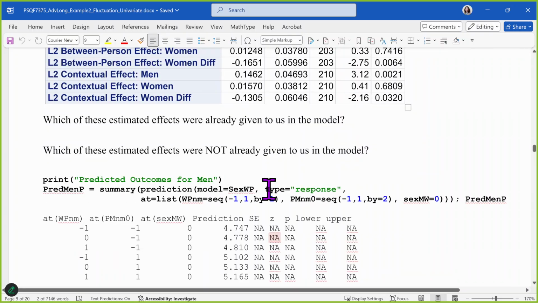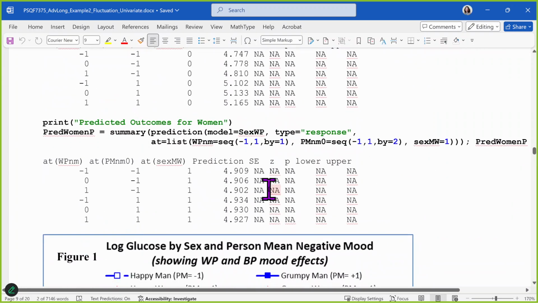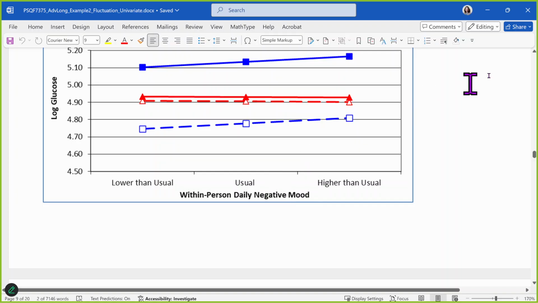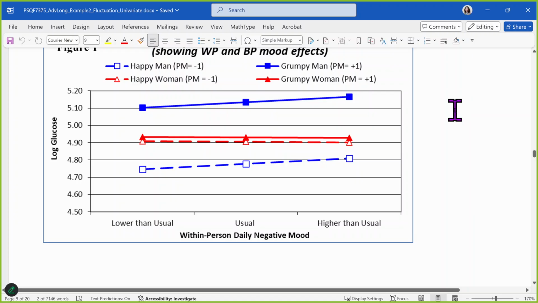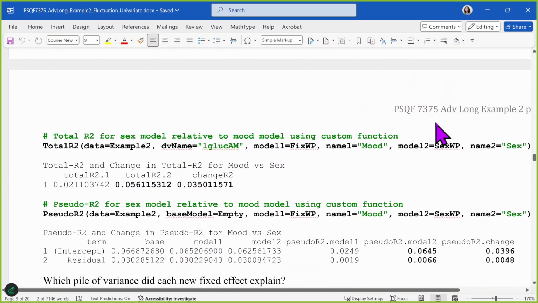Those are the high points I wanted to make about that. I made a picture. We talked about the picture. Do we want to talk about the picture anymore? No, we're good. All right. So grumpiness affects dudes more. The end. That's what this picture says. Both between and within.